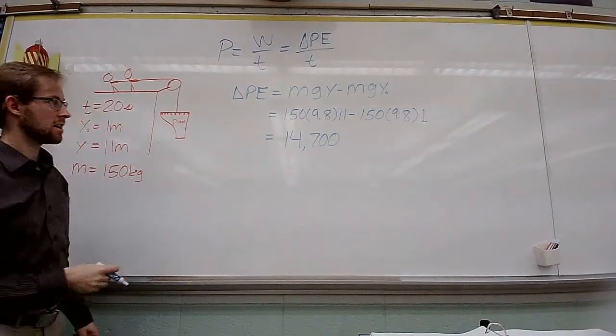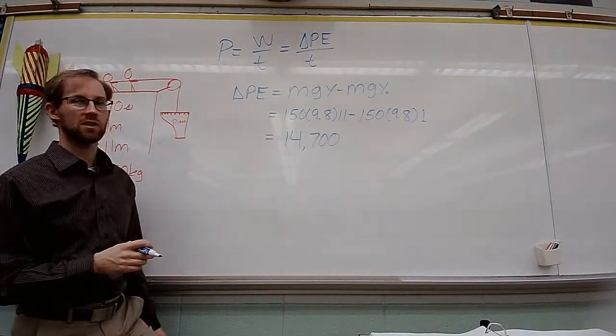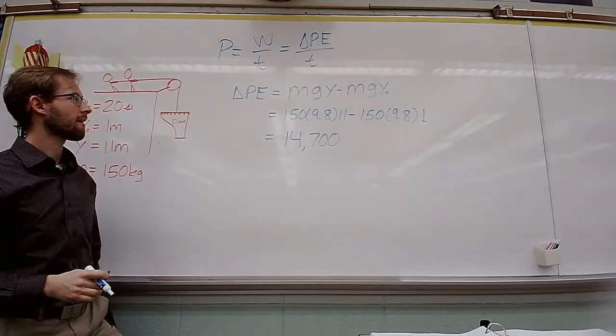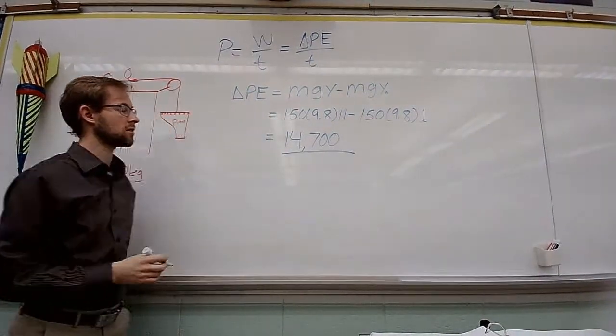If you're a scientific notation nerd, it would be 1.47 times 10 to the 4th. 1, 2, 3, 4. Yeah. So this would be your change in potential energy.